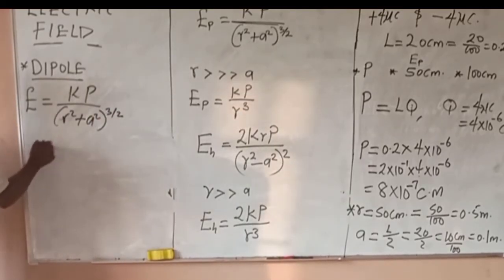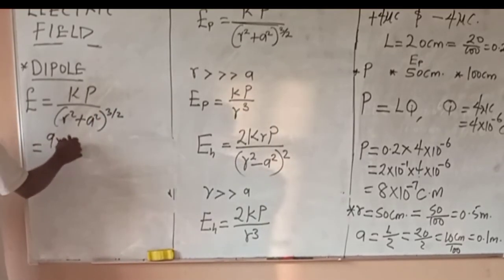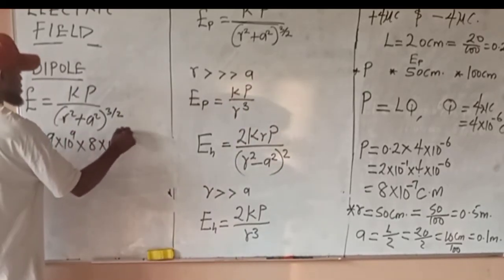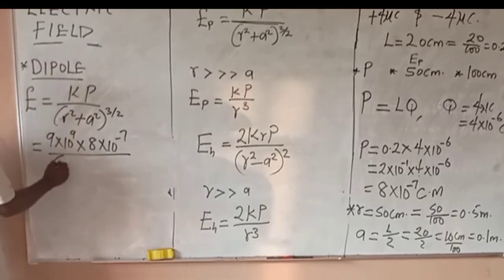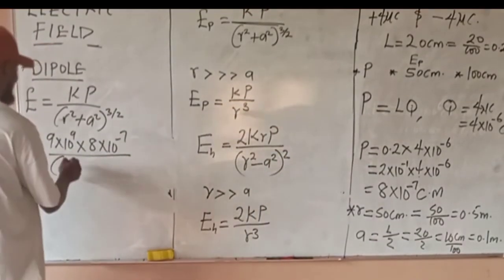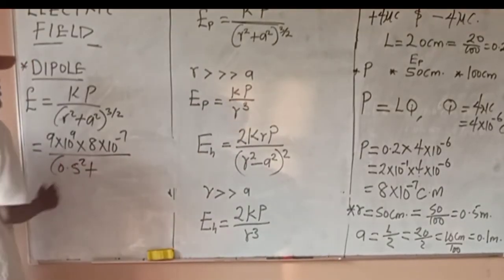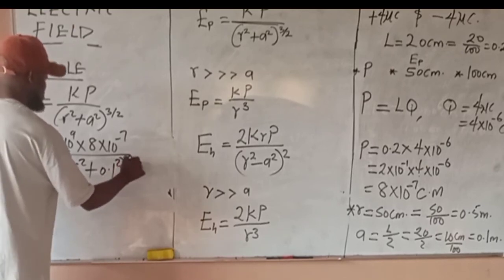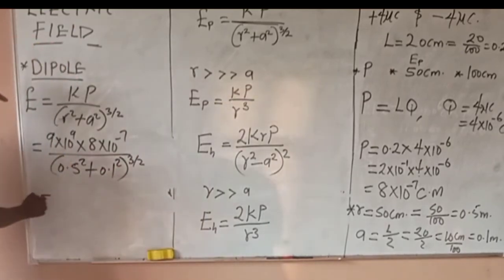So we're going to have k is 9 times 10 to the power 9, times p, which is 8 times 10 to the power minus 7, over r, which is 0.5 squared, plus a, which is 0.1 squared, everything to the power 3 over 2.